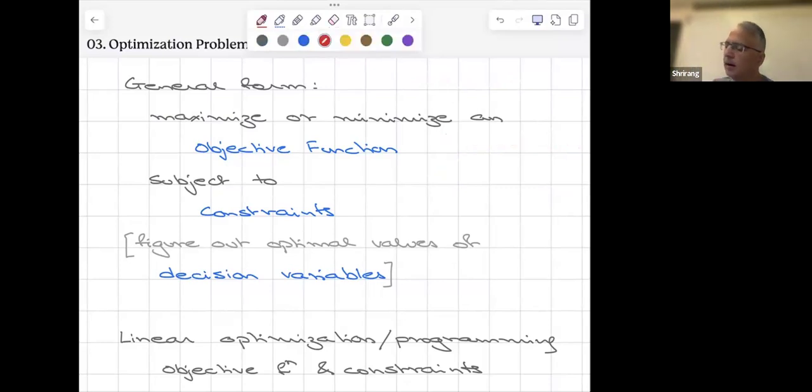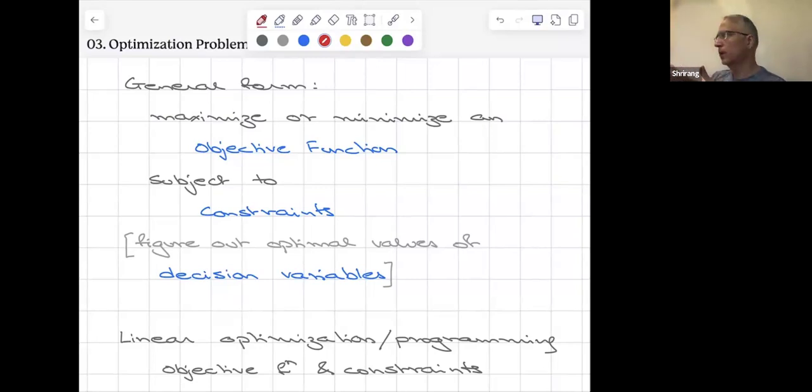There are very specialized algorithms for different scenarios. For example, if my objective function and the constraints are linear, what does linear mean? I just have x1, x2, x3. I don't have squared terms.